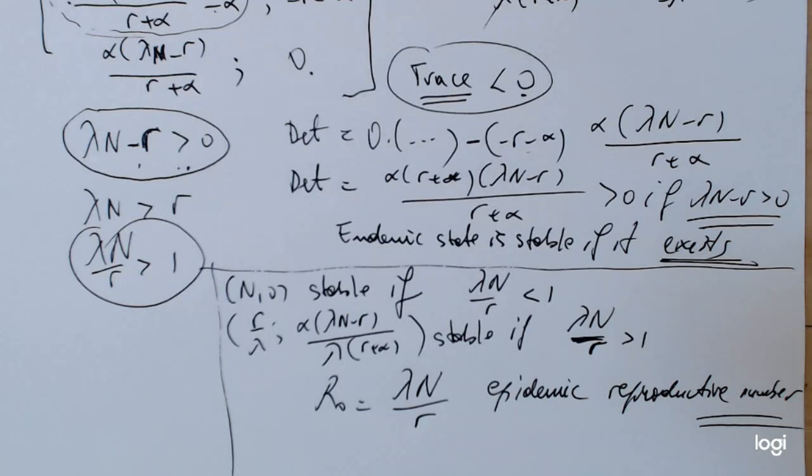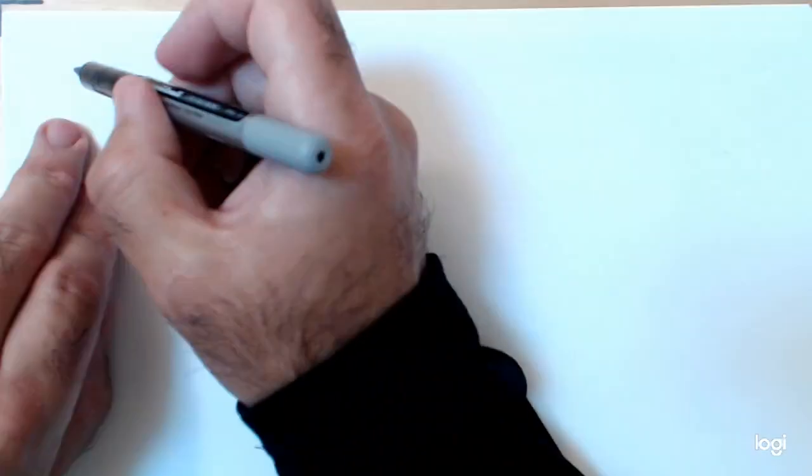So I'm going to comment a little bit on the meaning of R naught, and the reason again why we compare it to 1. In fact, let's write it down on a separate piece of paper, because I want to comment on some other aspects related to the parameters as well. So what is the interpretation of R naught?